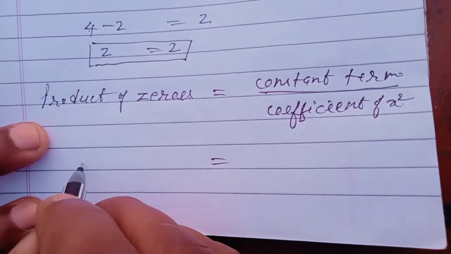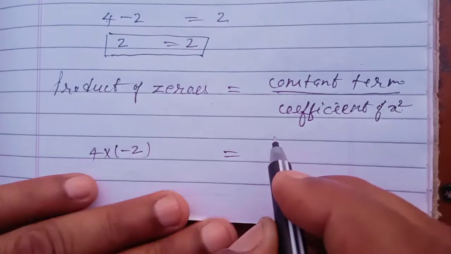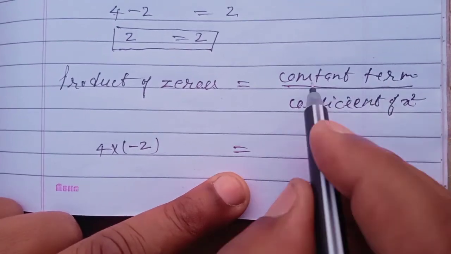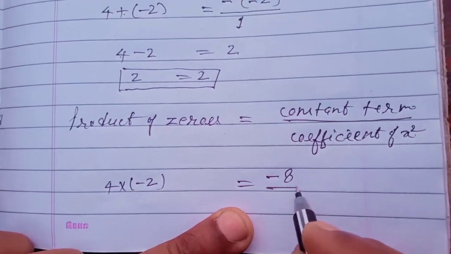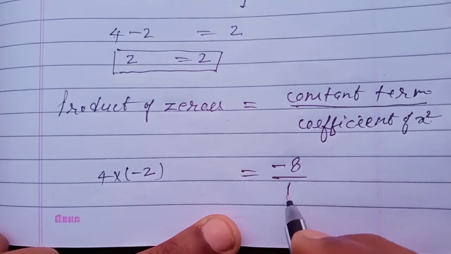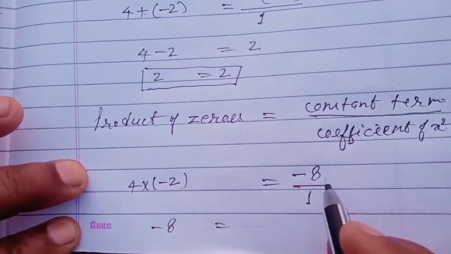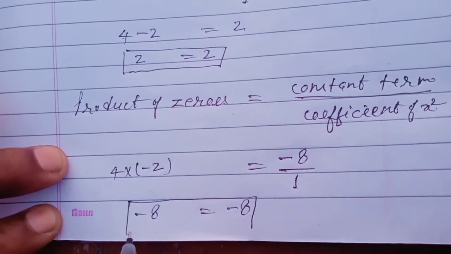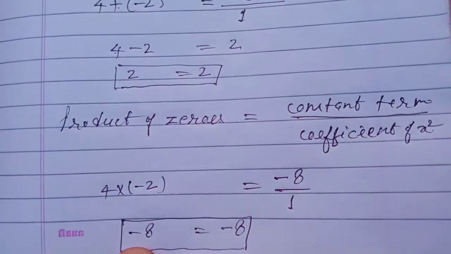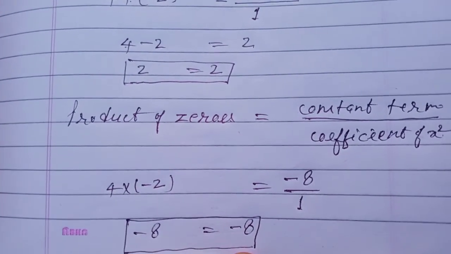Product of zeros: 4 multiply minus 2, and the constant term is minus 8 and the coefficient of x square is 1. 4 times 2 is 8, minus 8, and this is minus 8. Okay, product of zeros is equal to constant term upon coefficient of x square.